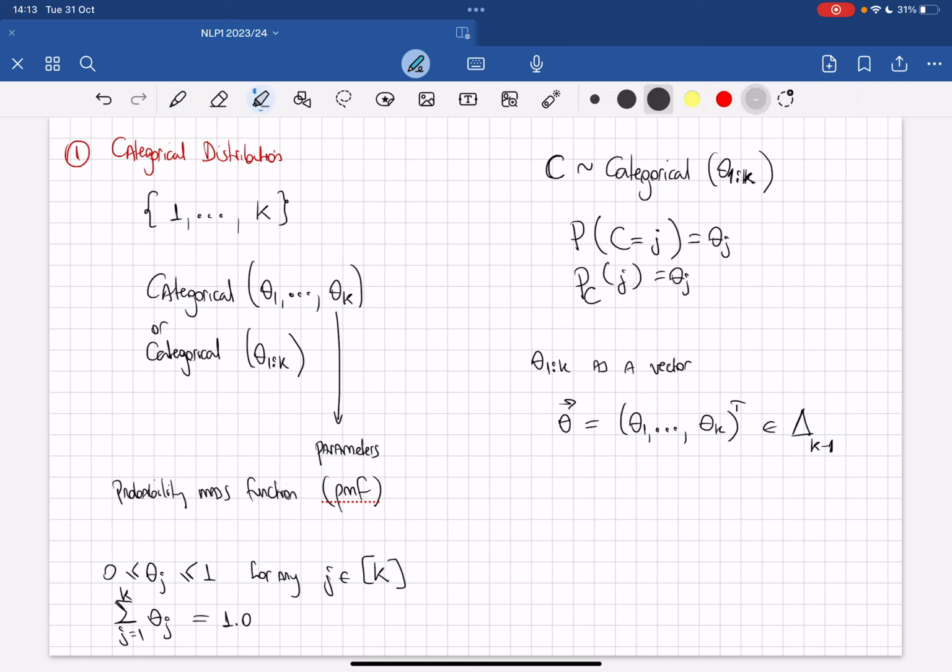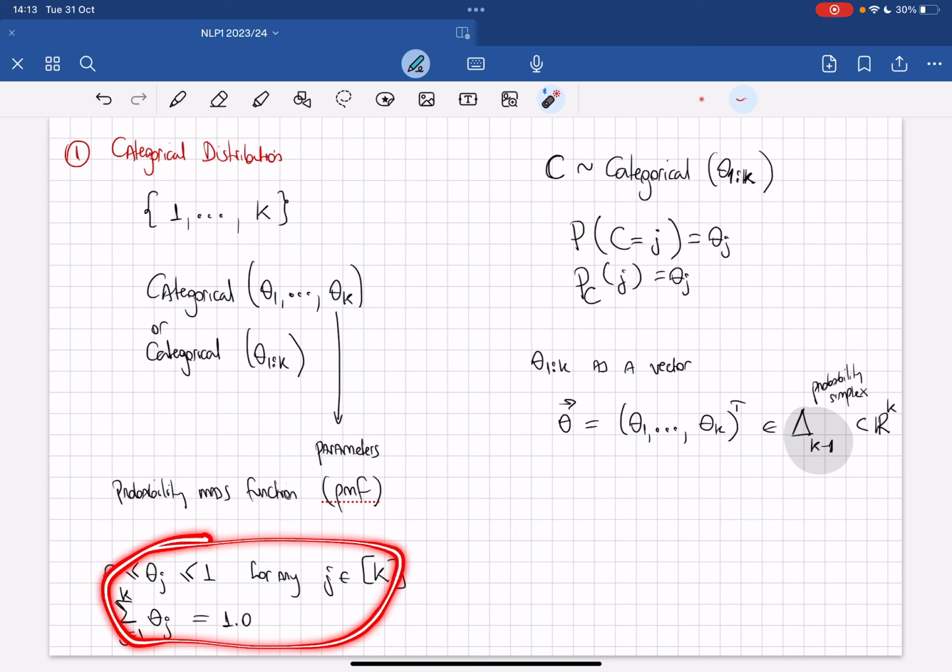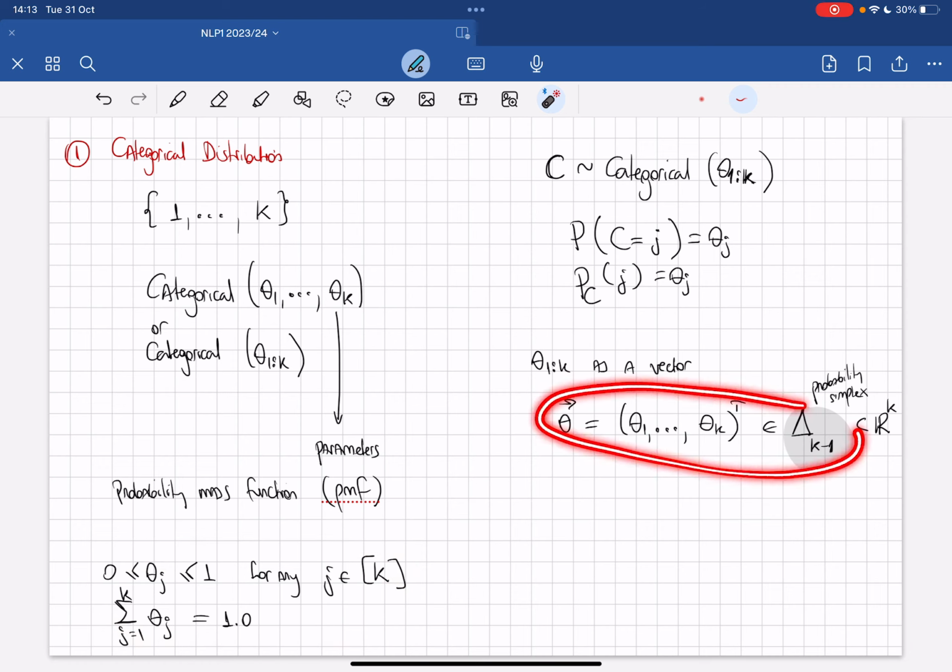This thing here goes by the name of probability simplex. It is a subset of the k-dimensional real coordinate space, and every point in it is a k-dimensional vector that complies with these two constraints. Okay, so that's just a curiosity. If you want to say this in a very short way, you can basically write this.